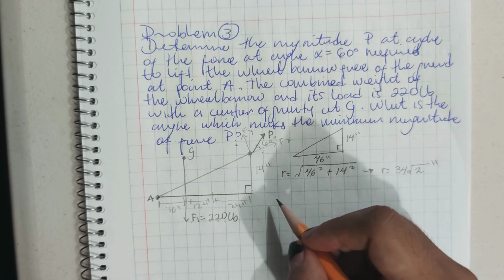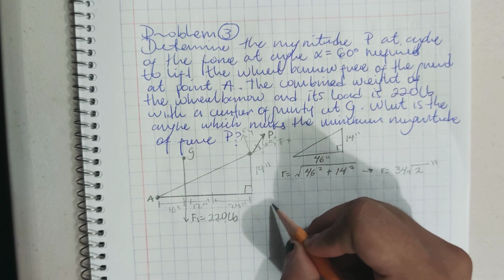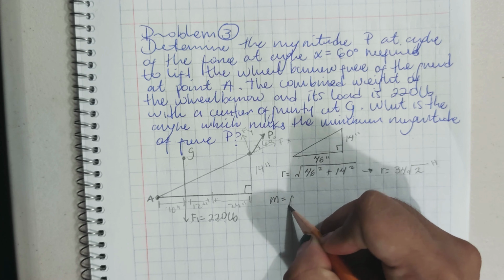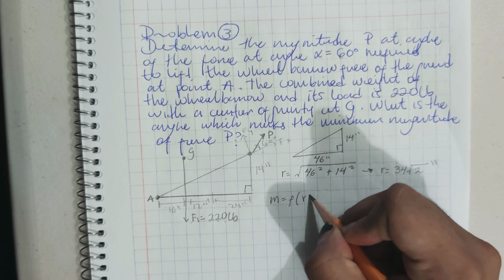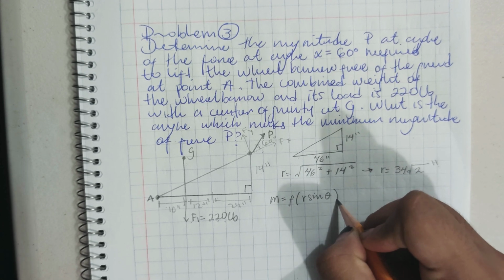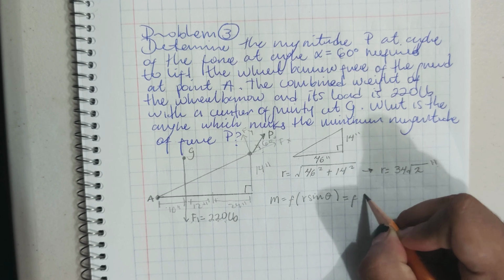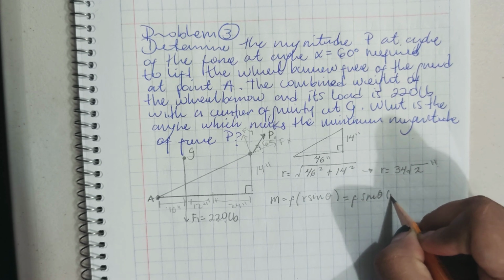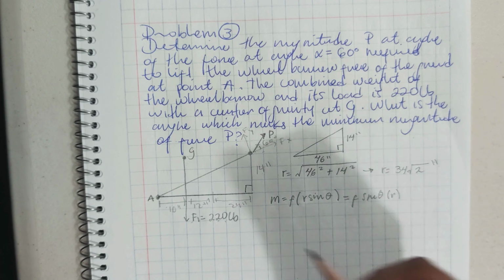Now we can say that the moment is equal to F times R sine of theta, that is equal to F sine of theta times R. It's the same.